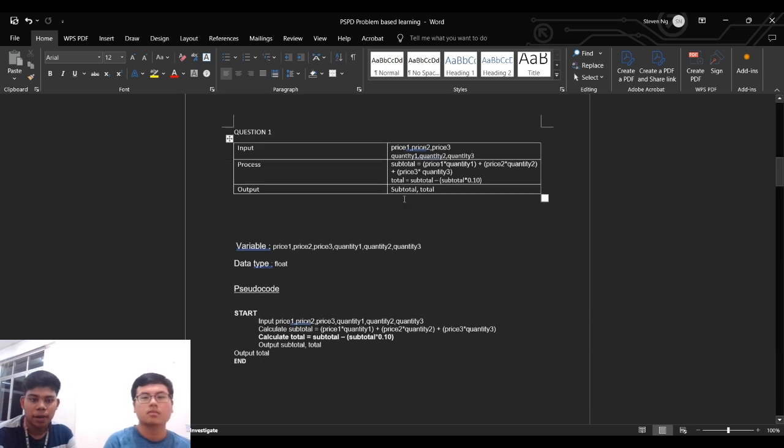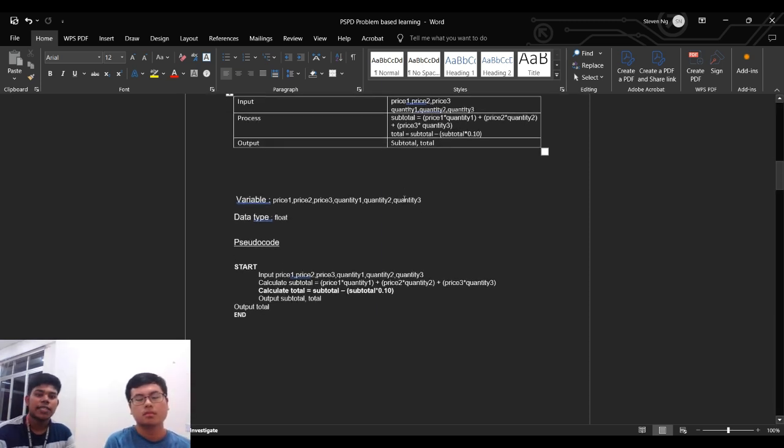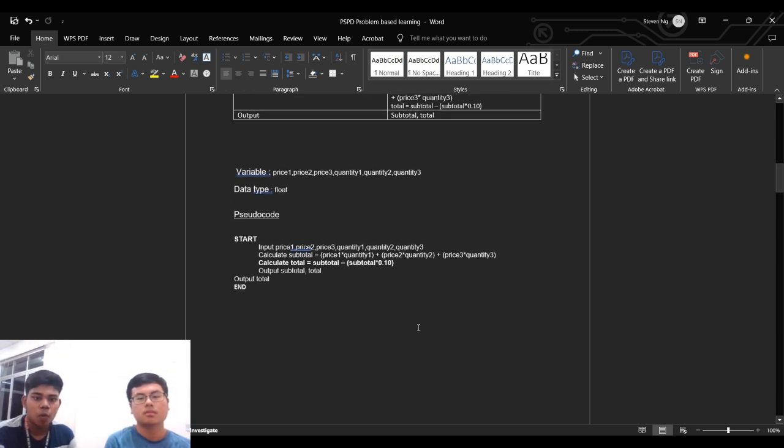So now we are going for pseudocode. At the start we put start and input price 1, price 2, and price 3, and again we insert quantity 1, quantity 2, and quantity 3.